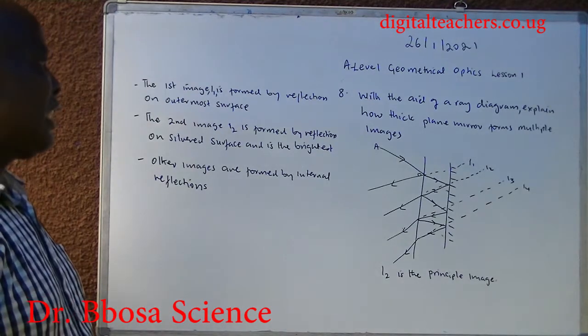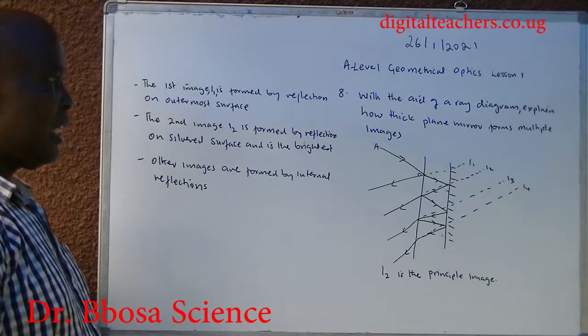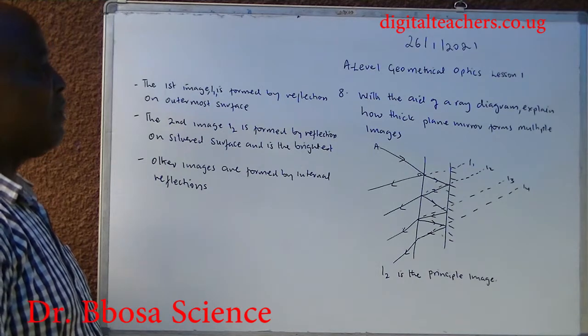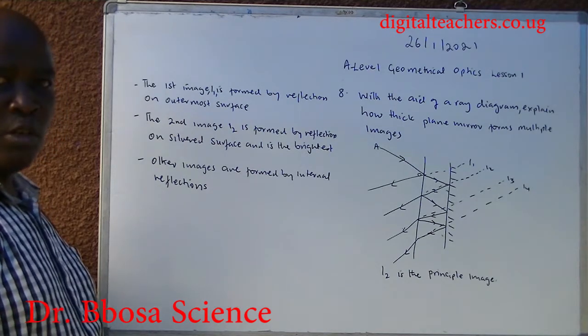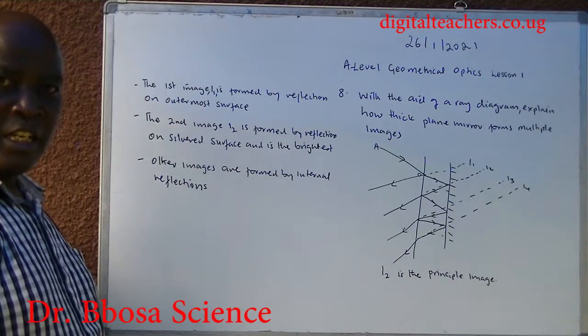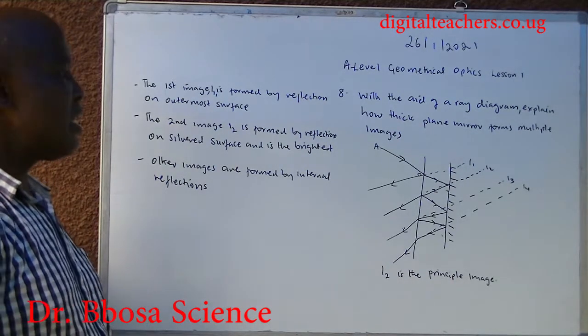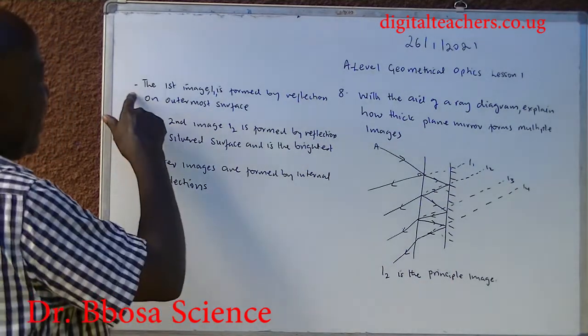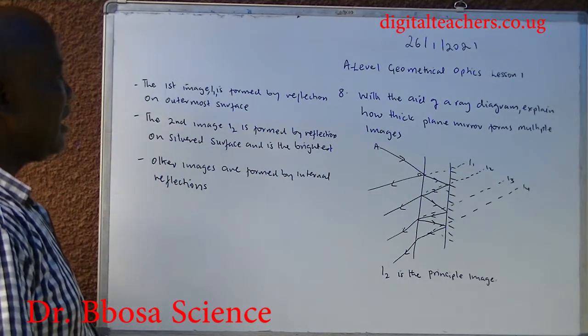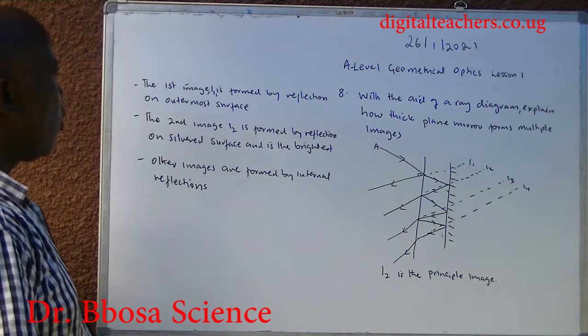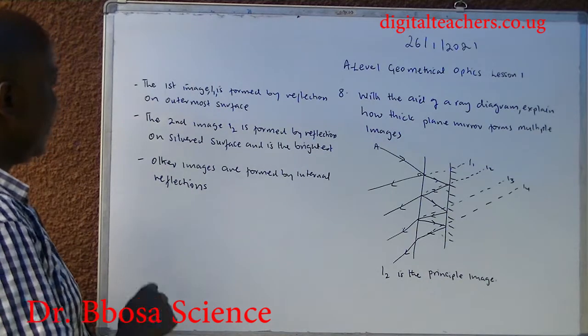Number 8, with aid of a ray diagram, explain how a thick plane mirror forms multiple images. A ray diagram is given below. The first image is formed by reflection on the outermost surface.